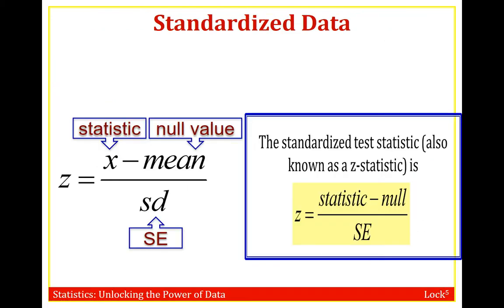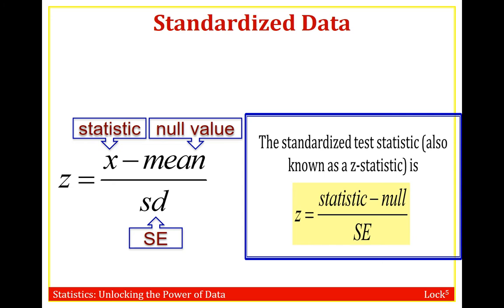Let's go back to that z-score calculation and let's beef it up a little bit. So in chapter P5, we took a value of x, some statistic. We subtracted the mean, mu, and we divided it by the standard deviation. Well, we're going to replace that in a more generic format.